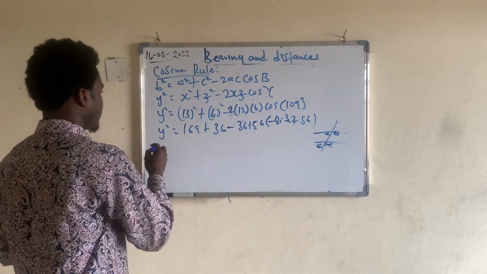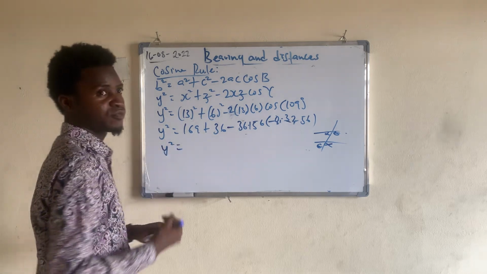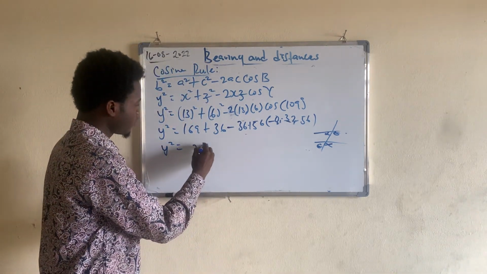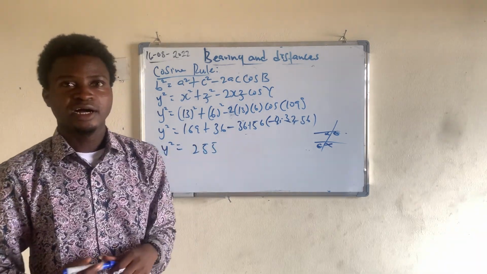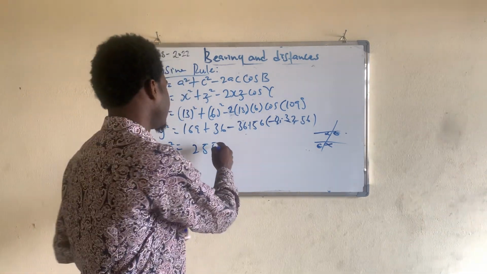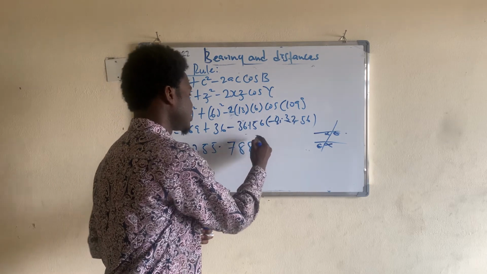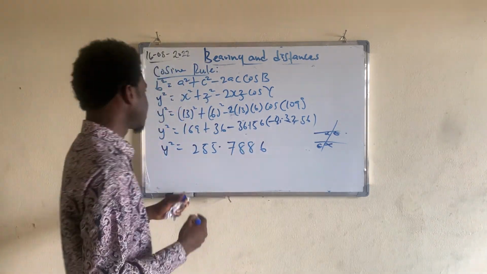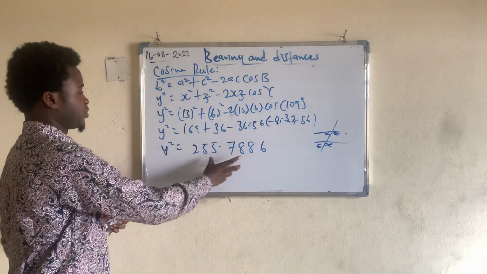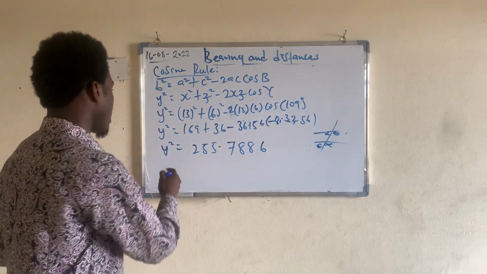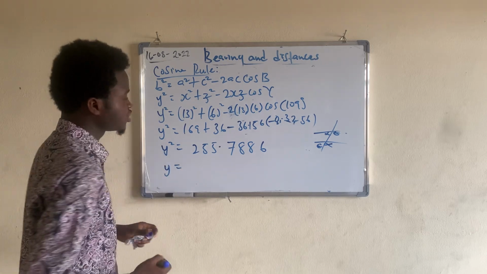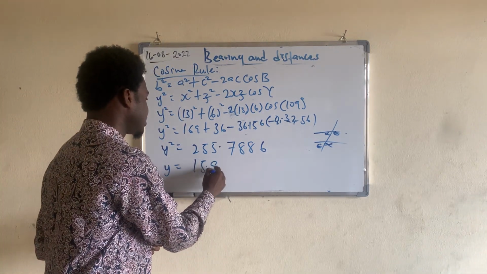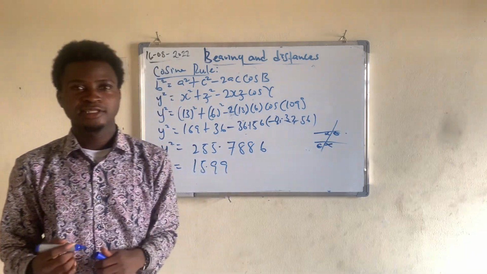So that we have y squared is equal to 255.7886. When we punch this, we have this, and then y becomes, if we take the square root of that, 15.9934.